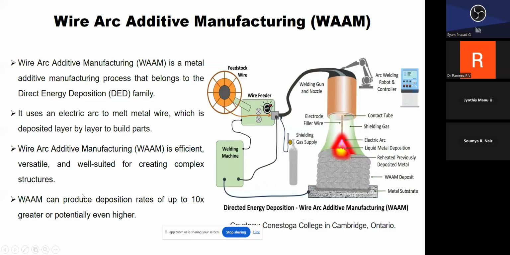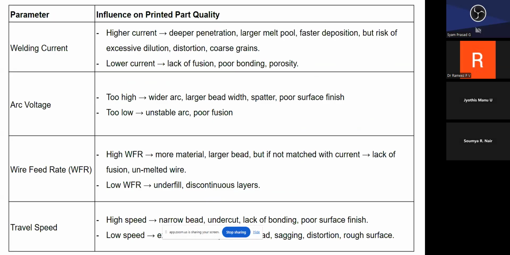WAAM, wire arc additive manufacturing, can produce unimaginable deposition rates, up to 10x greater or potentially even higher than other additive manufacturing techniques. That is the greatest advantage why people are preferring it. You can make products in a very fast way if you use wire arc additive manufacturing, right?